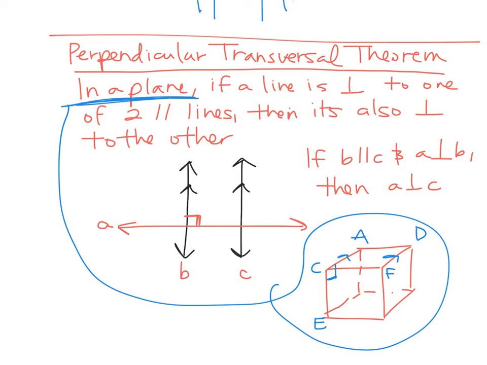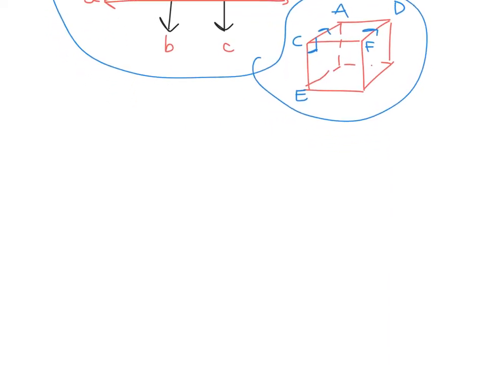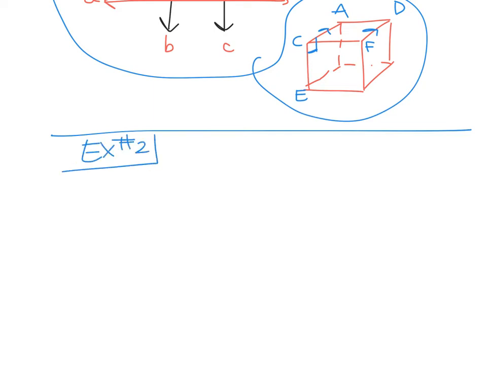Okay, last thing is just a quick proof. It's 3 steps, and the first one is always what? Given. So it's really 2 steps that we got to figure out. So example 2, and then we are done.